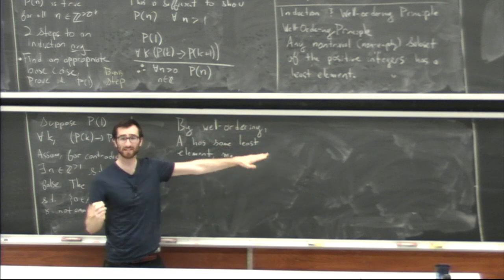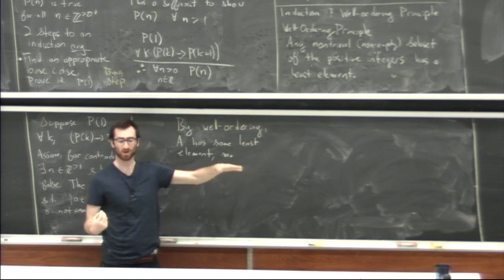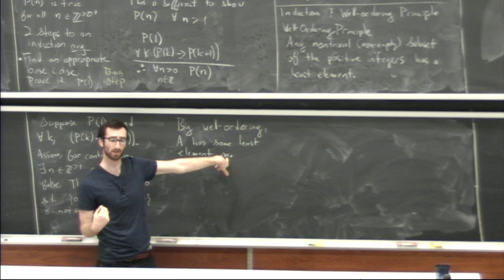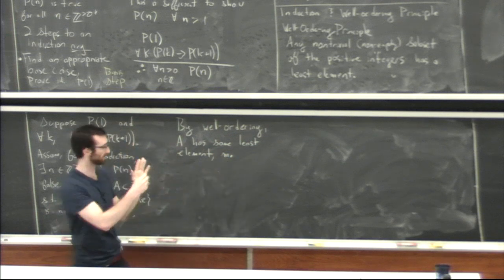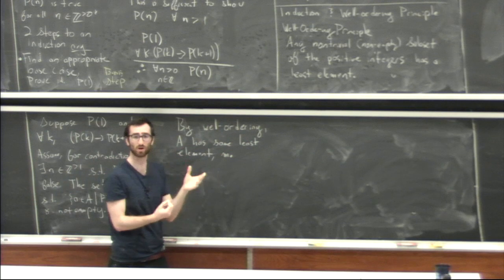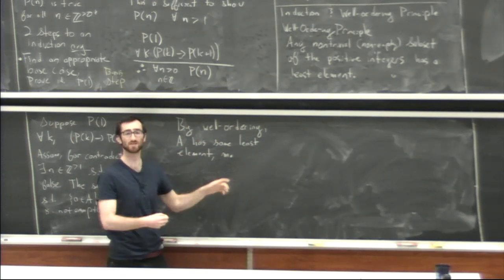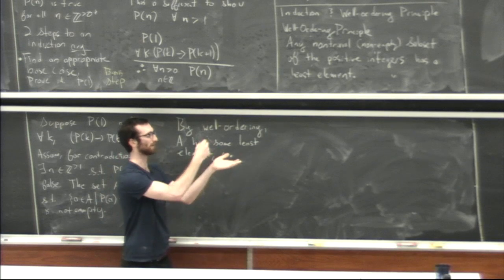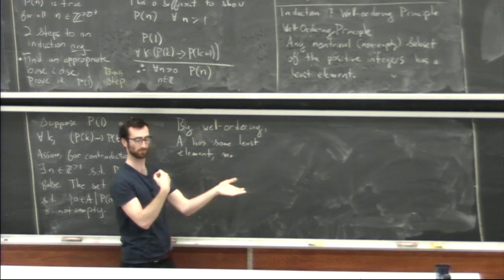Having a least element means that for all of the integers less than M, the proposition P of those integers are all true. M is the first place where P of M is a false statement.